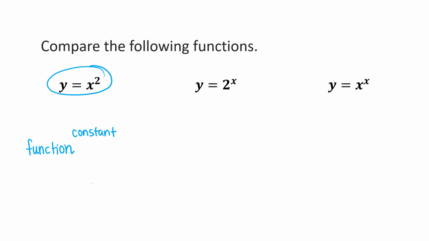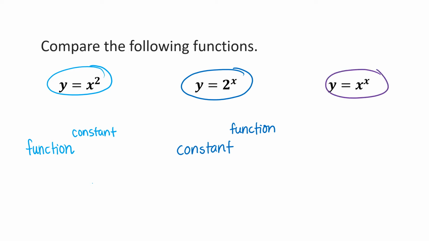And then for this next one, y is equal to 2 to the x, we have a constant raised to a variable, or raised to a function. And then for this last one, x to the x, we have a function raised to a function.